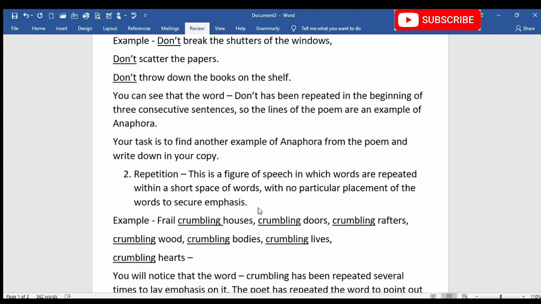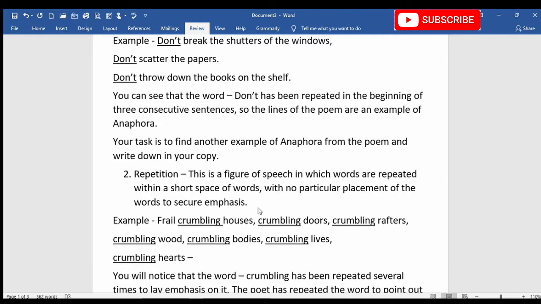Now sometimes when we speak, we repeat a certain word. Why do we do this? We do this to put emphasis on the word. That word is very important for the speaker. So the speaker repeats that word.